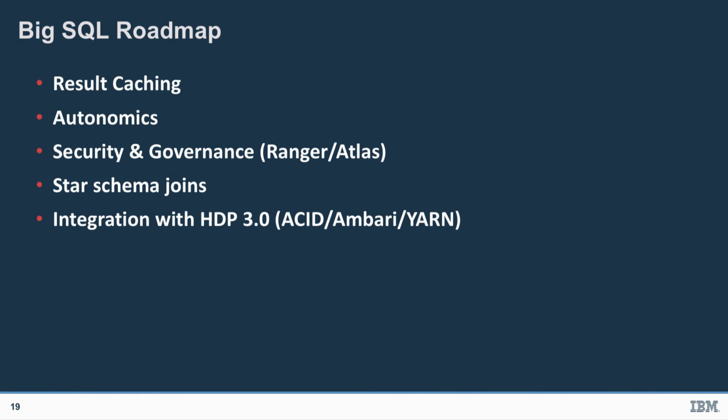We are going to look into tag-based policies as well soon. We have some optimizations around star schemas in the pipeline as well. And finally, you know that Hadoop and Hive have significant changes in 3.0. So we are bringing Big SQL up to speed so that it's fully integrated with the HDP platform in the 3.0 release as well.